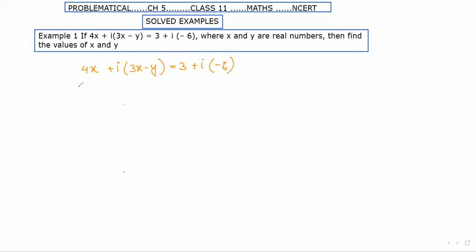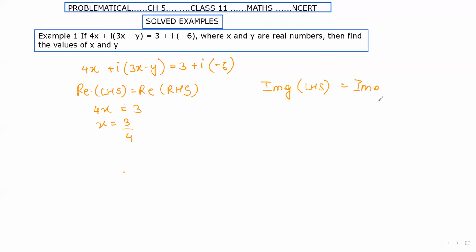Here the real part of your LHS will be equated with the real part of your RHS. Real part of LHS is 4x, real part of RHS is 3, so x becomes equal to 3 upon 4. Similarly, the imaginary part of your LHS will be equated with the imaginary part of your RHS.